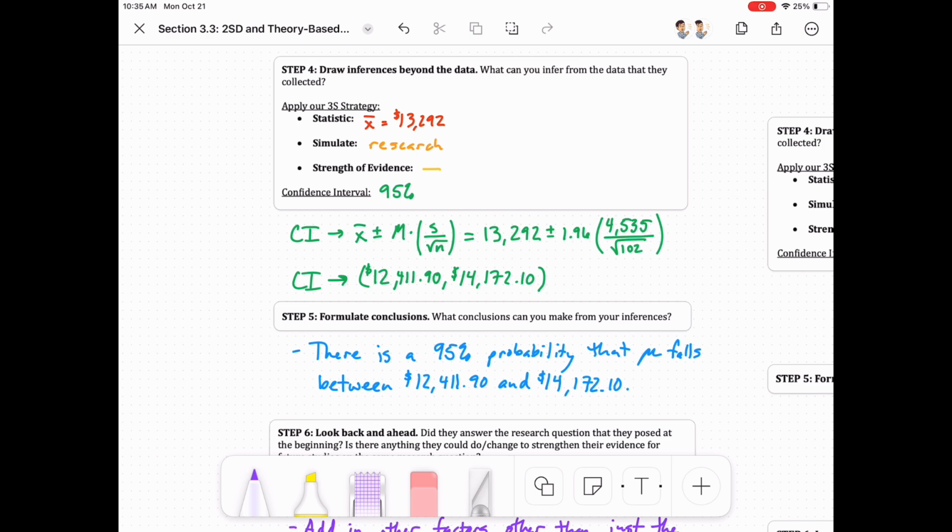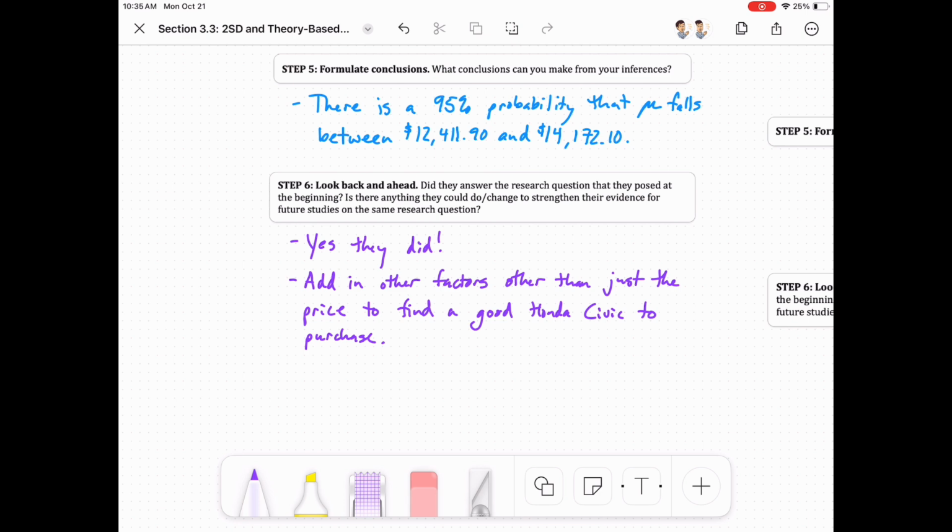That says that there is a 95% probability that mu falls between $12,411.90 and $14,172.10.